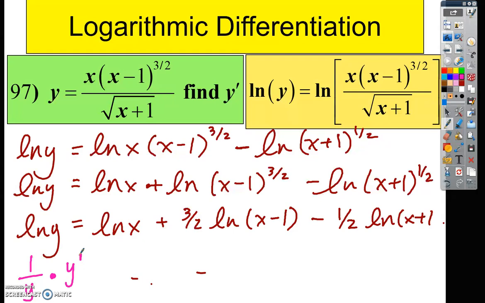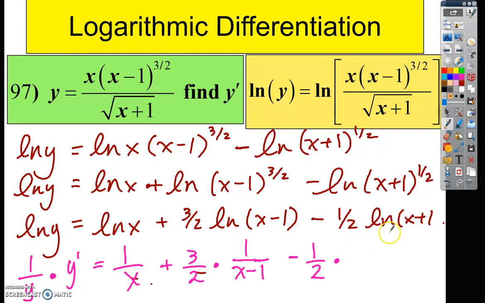Let's go ahead and use dy dx there. We'll use y prime. Y prime equals 1 over x for natural log of x plus 3/2 times 1 over x minus 1, minus 1/2 times 1 over x plus 1, parenthesis right there. And so there's everything.